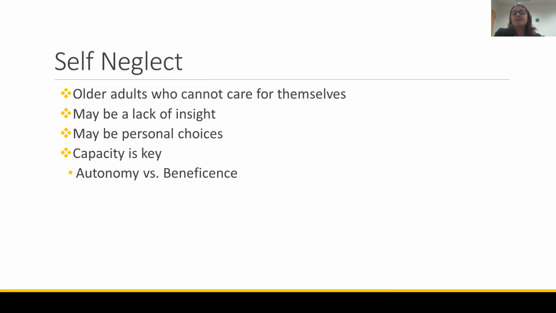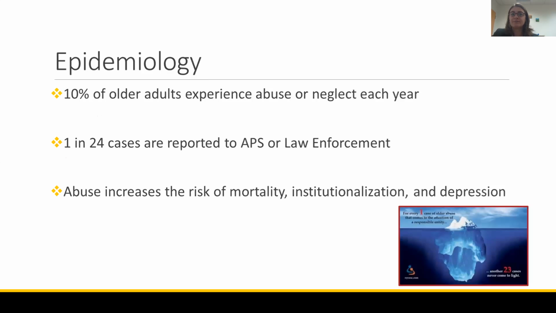So does the patient have the capacity to make this choice? Is this a choice that they're freely making, or is this the result of a lack of resources, a lack of insight, or some mental health issues that we can help support them with and make things a little bit better for them? So this is a very murky area, but it's very interesting to talk about. And so I'm happy to talk about it with you all when we meet if you have further questions.